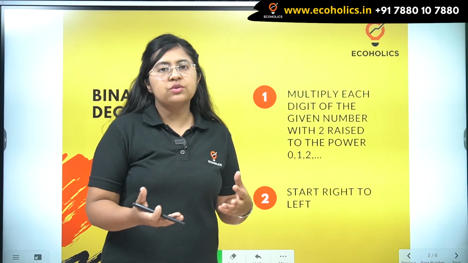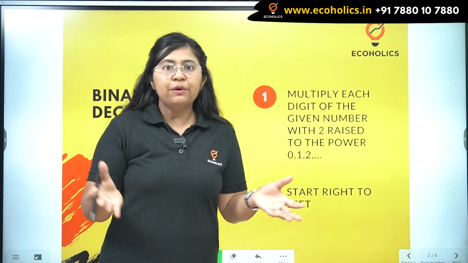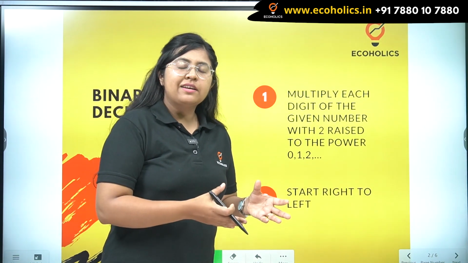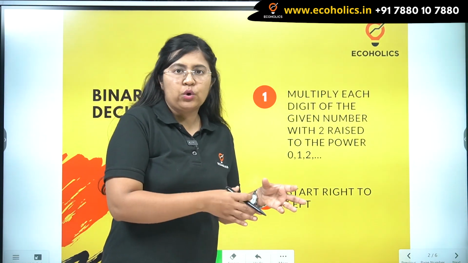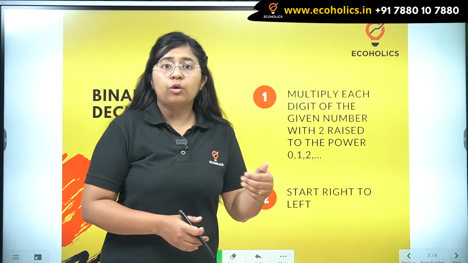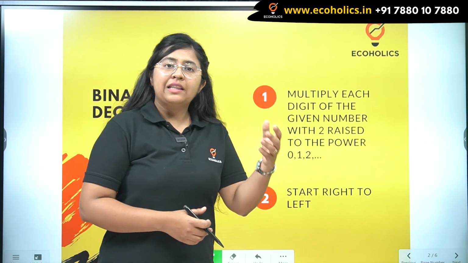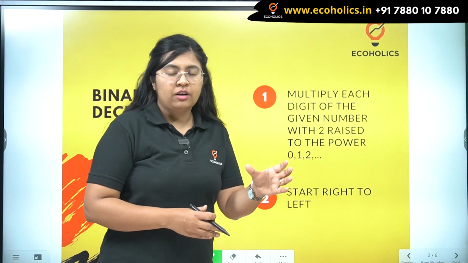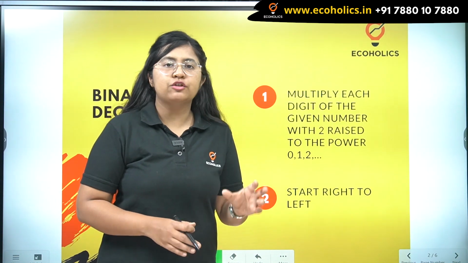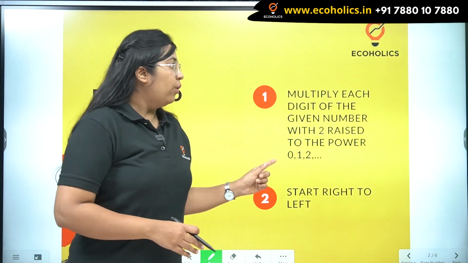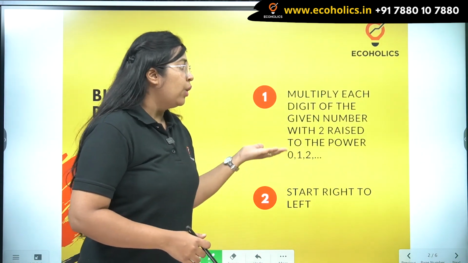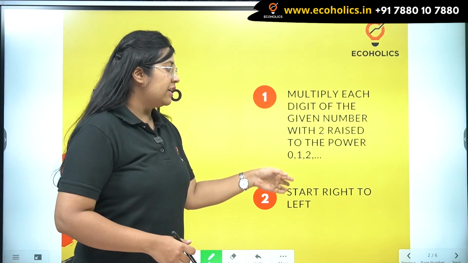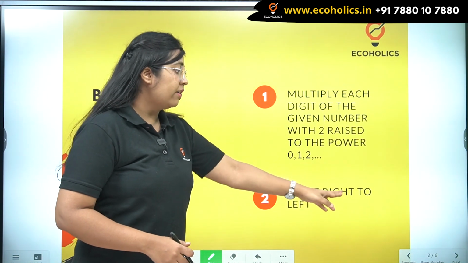Binary numbers, which are understandable to a computer system, only exist in 0 and 1. However, decimal numbers have base 10. Deci stands for 10. So now what you do is you multiply each digit of the given number with 2 raised to the power 0, 1, 2 and so on, starting right to left.